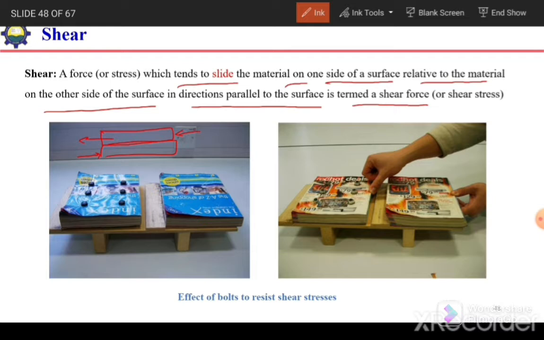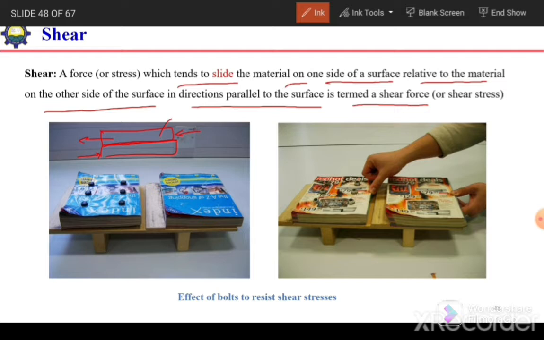This type of force is termed shear force, and the resistance between these two surfaces is termed shear resistance. If there is no resistance between these two surfaces, we can easily slide the upper surface over the lower surface.